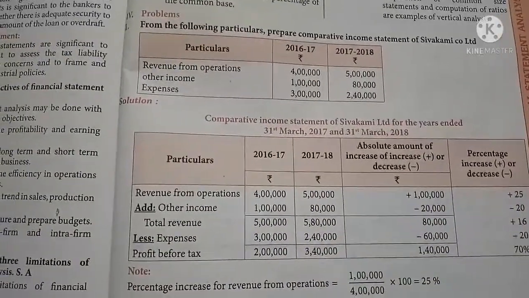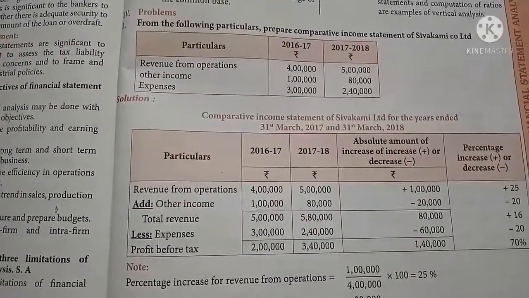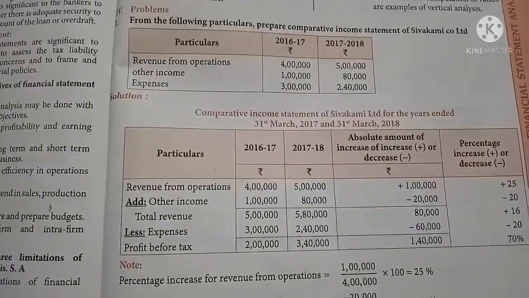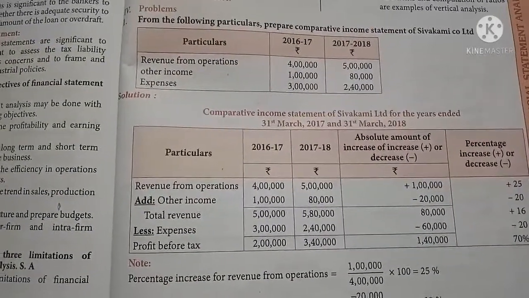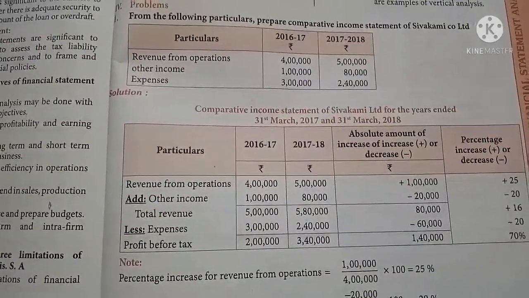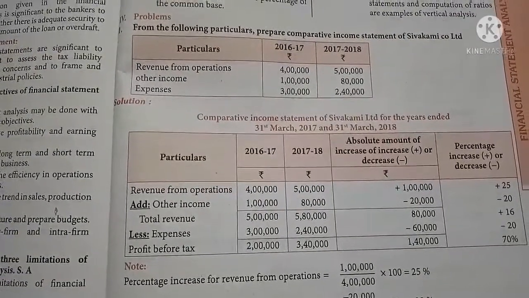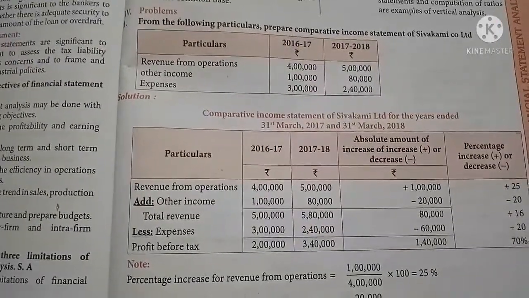Now you add revenue and other income. First year revenue is 4 lakh, other income is 1 lakh. Adding, the amount is 5 lakh. Second year revenue is 5 lakh, other income is 80,000. The total amount is 5 lakh 80,000. Again, you compare the total amount: second year amount compared to first year amount, 5 lakh 80,000 and 5 lakh.